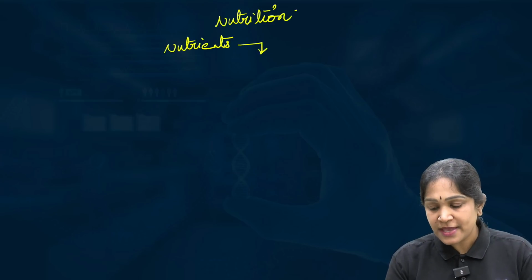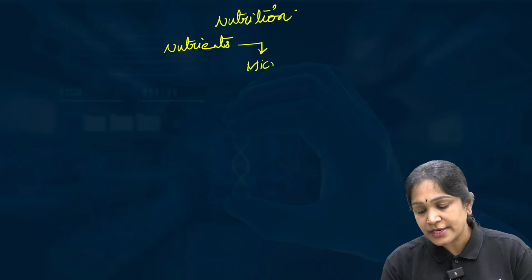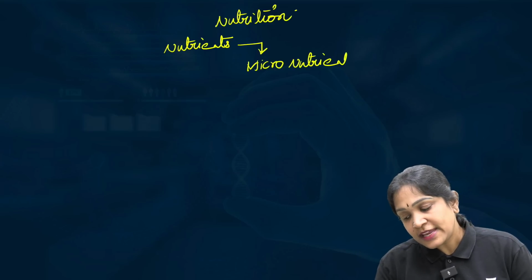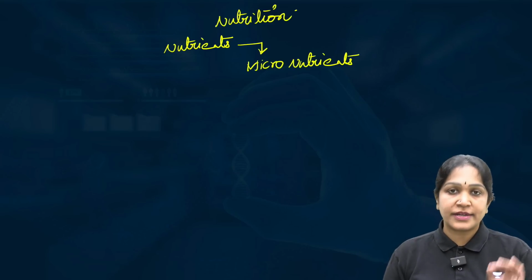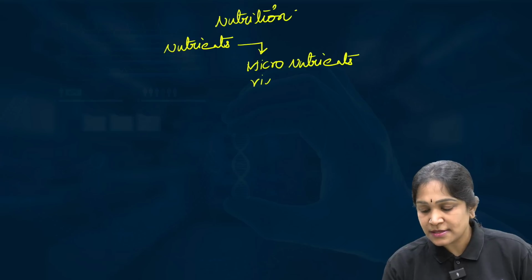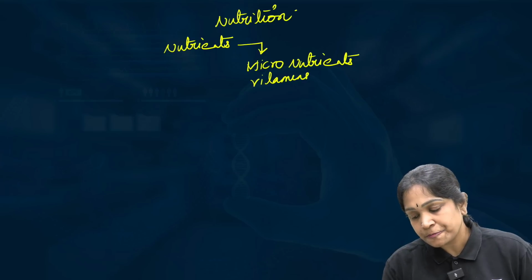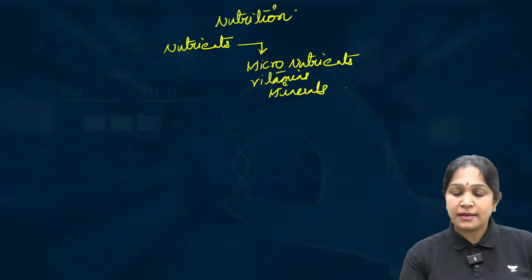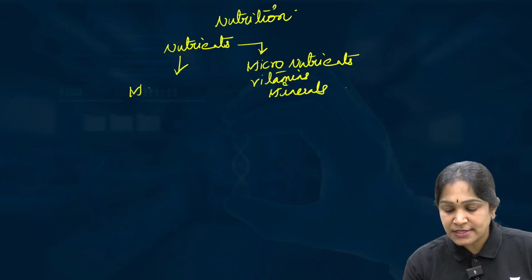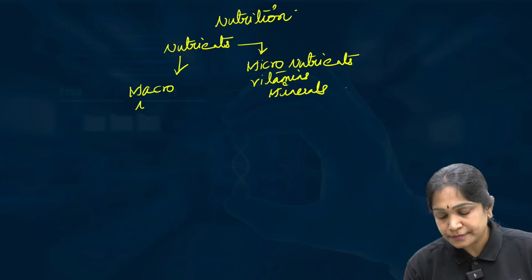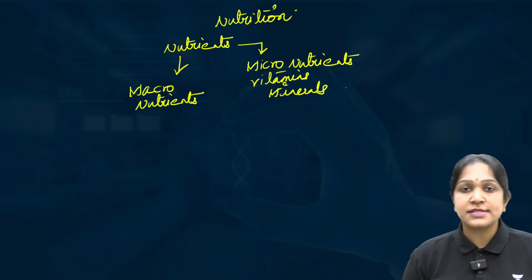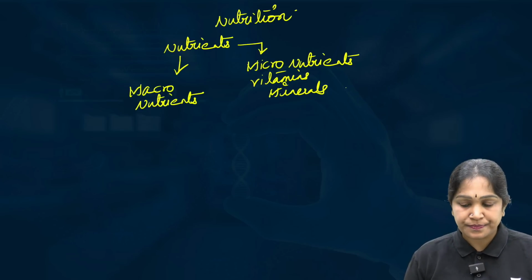The first type is micronutrients, means we need them in very small quantities. Examples: vitamins and minerals. The second type are the macronutrients, means we need these nutrients in large quantities.